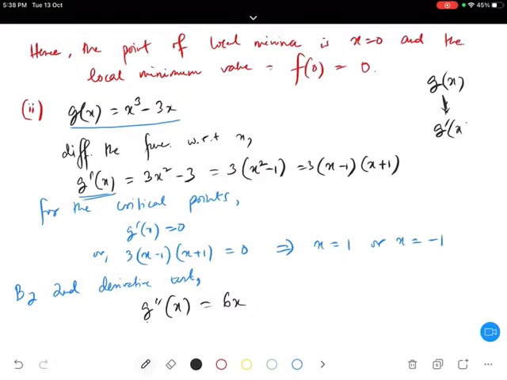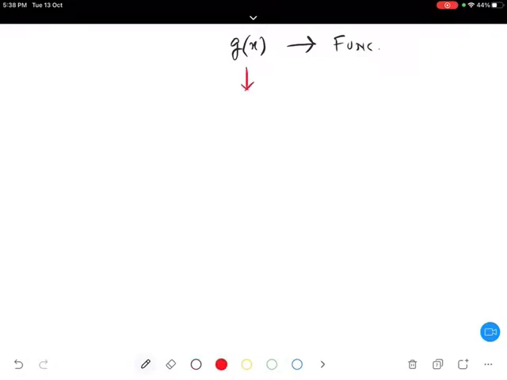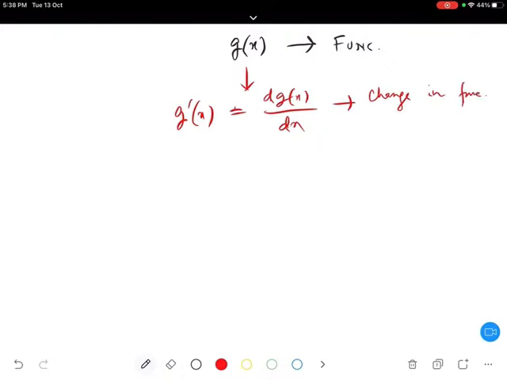Guys, tell me fast. g dash x is nothing but the change in the function with respect to x, or the slope.